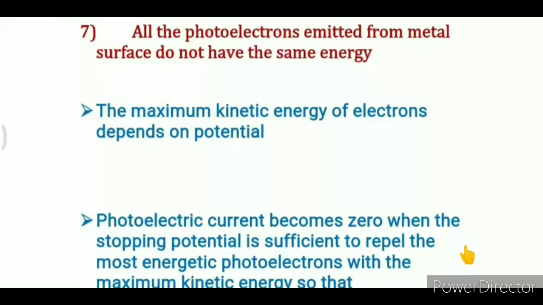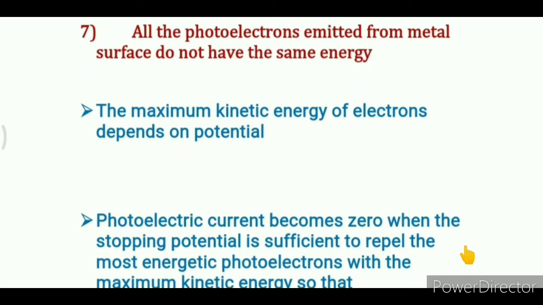Now the next observation is that all the photoelectrons that are emitted from the metal surface do not have the same energy. That means the photoelectrons emitted from the emitter plate do not possess the same kinetic energy.